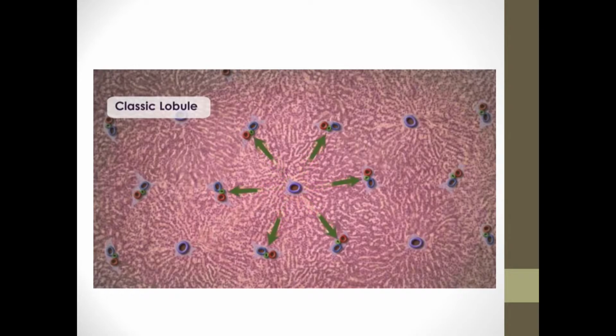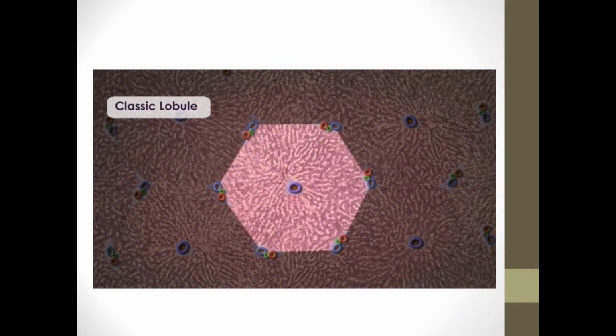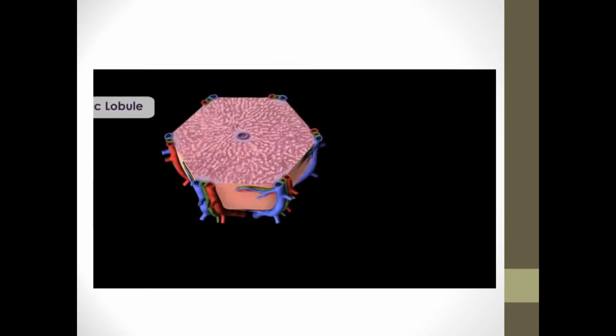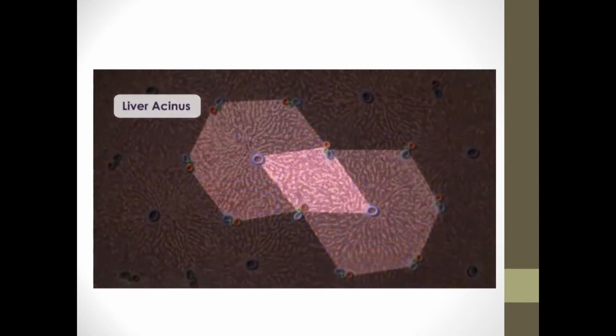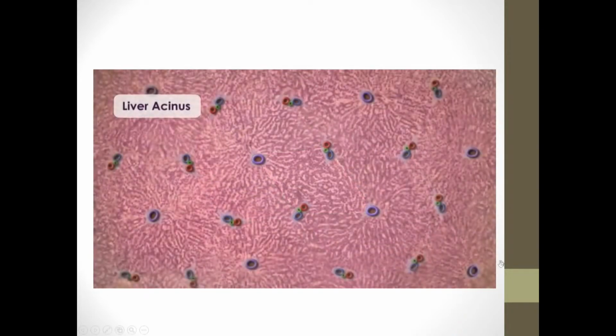And this is the direction of the bile. And the liver acinus with 3 zones. From one central vein to another central vein is the distance.